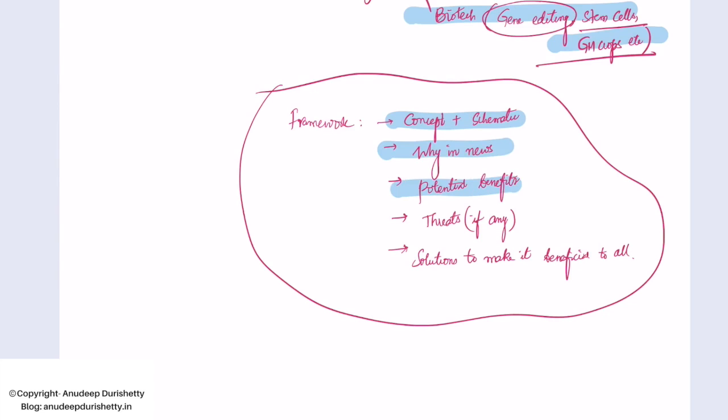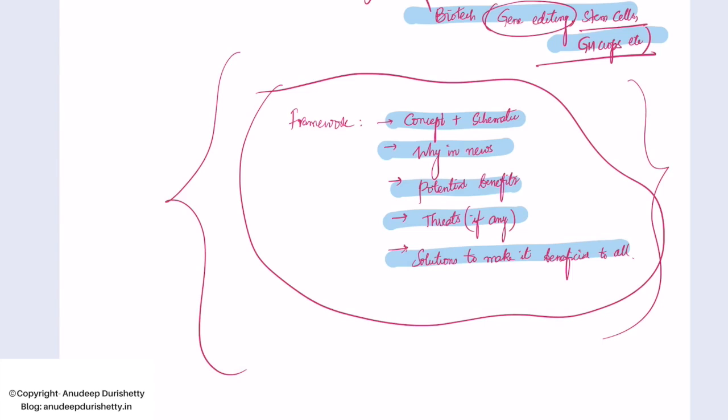The potential benefits of that scientific concept across multiple dimensions, the threats if any it poses, and finally solutions that we can make to make it beneficial to everybody. Just analyze every scientific topic that is recently recurring in news under this segment. It becomes much easier to answer any question in science and technology.